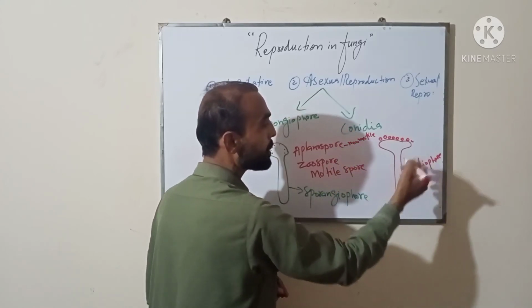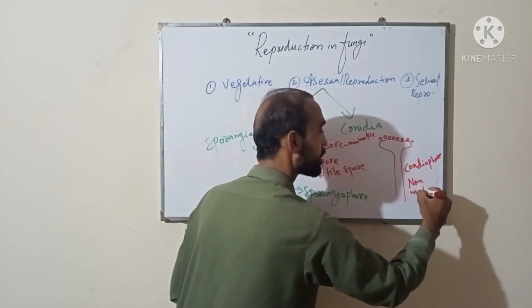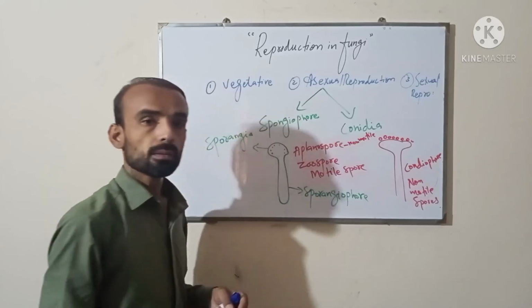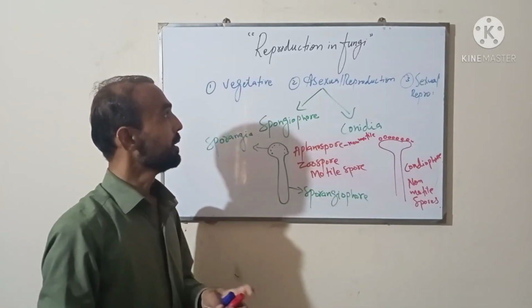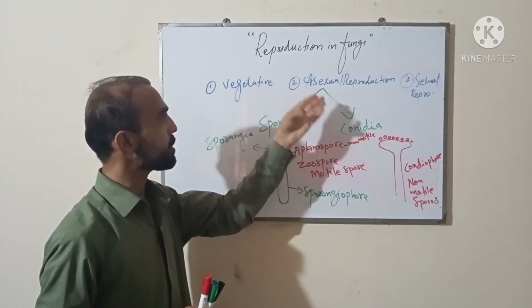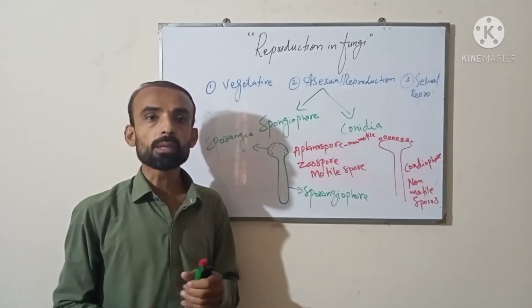And conidia produce only non-motile spores. These are the two main types of reproduction which I have discussed in vegetative reproduction and asexual reproduction in fungi. Okay, I hope that you understood.